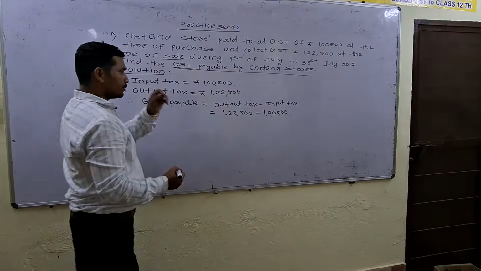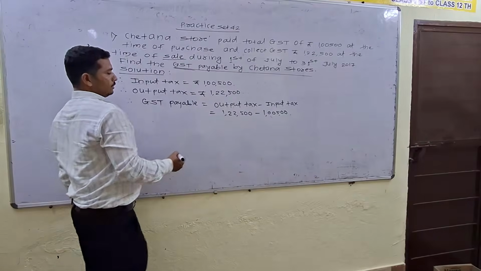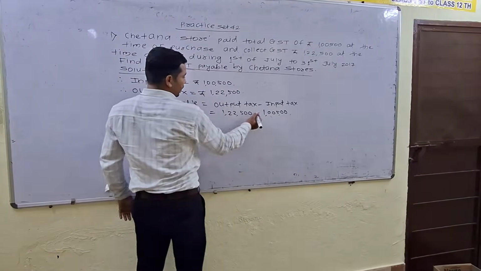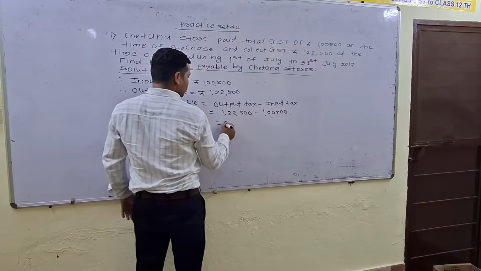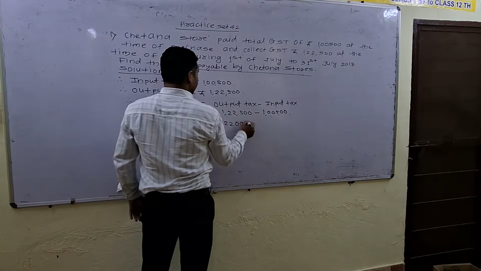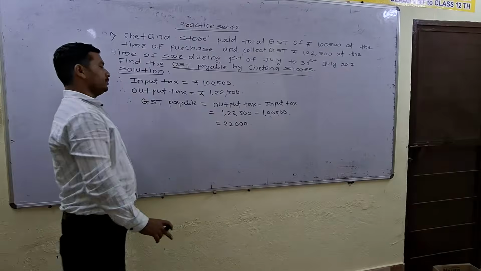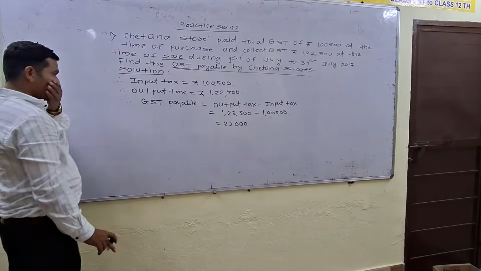Okay, we subtract here again. So we know that 1,05,000 from 1,22,500 leaves 22,000 rupees in total.